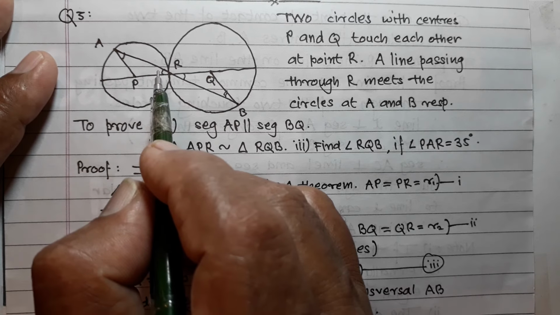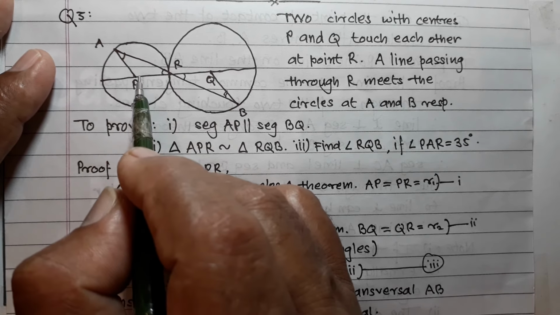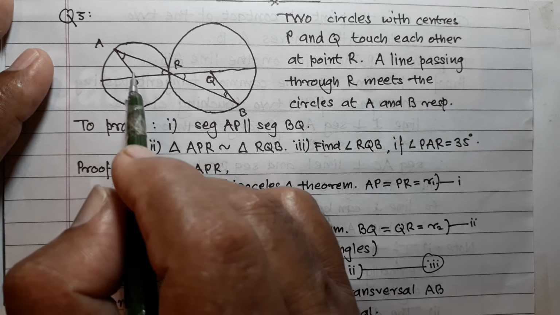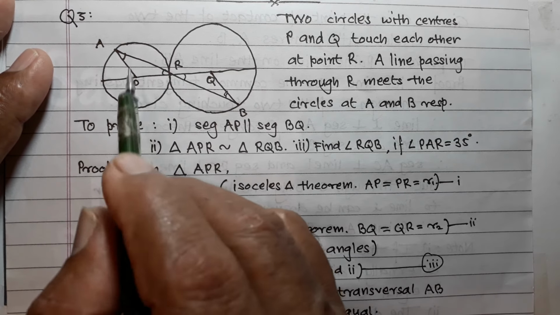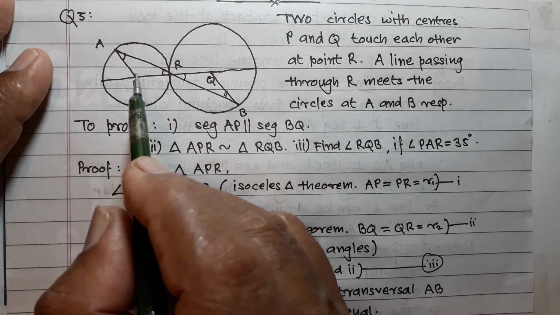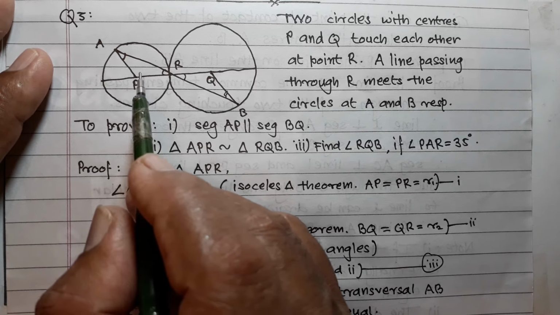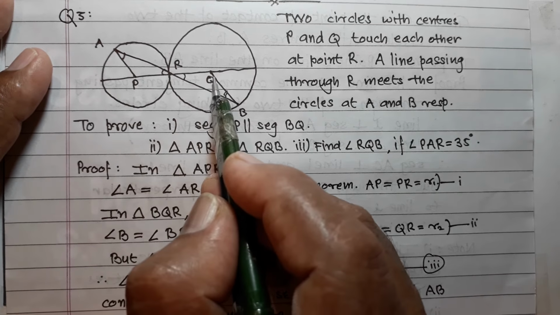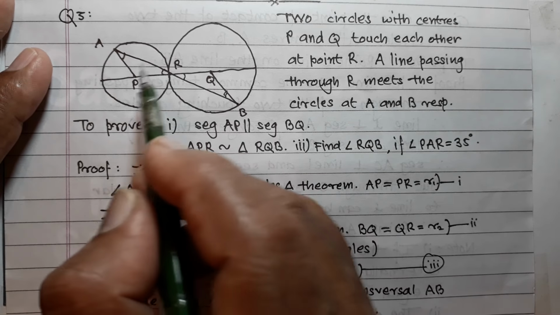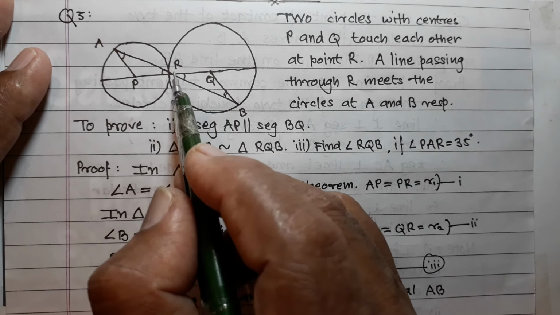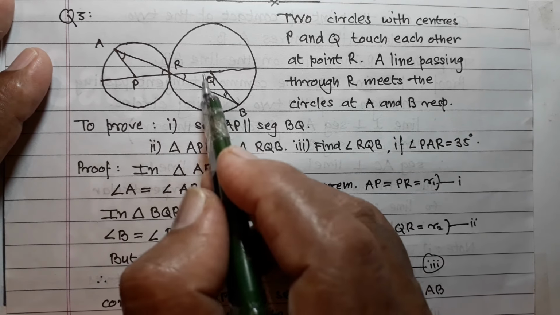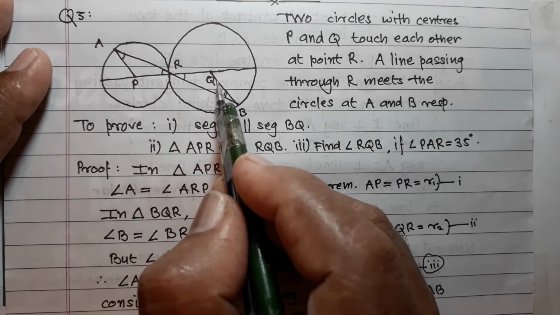This plus this is equal to 70. That means this angle plus 70 is equal to 180. If you transfer 70 to that side, you will get angle P equal to 110, and this angle is the corresponding angle of the similar triangle, and therefore angle RQB is equal to 110.